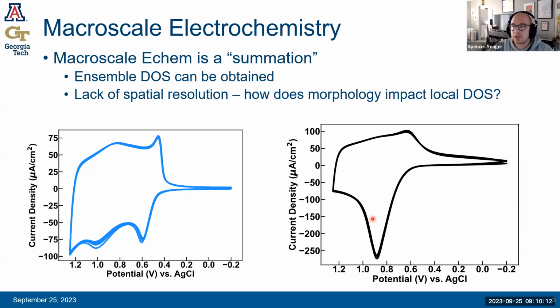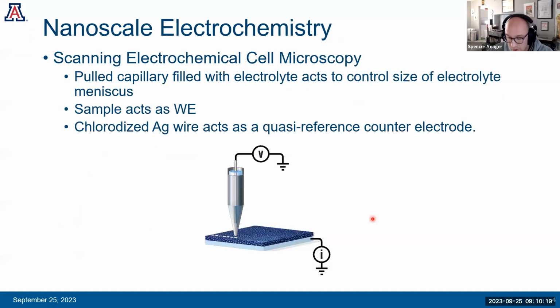So again, this is at the macro scale, but how can we start answering these questions at the nanoscale? This is where the technique that I've been working with a lot, scanning electrochemical cell microscopy, comes into play. Just as a brief highlight, there's a pulled capillary filled with an electrolyte that you can use to control the size of the electrolyte meniscus, which in turn controls the size of the working area that you're measuring.